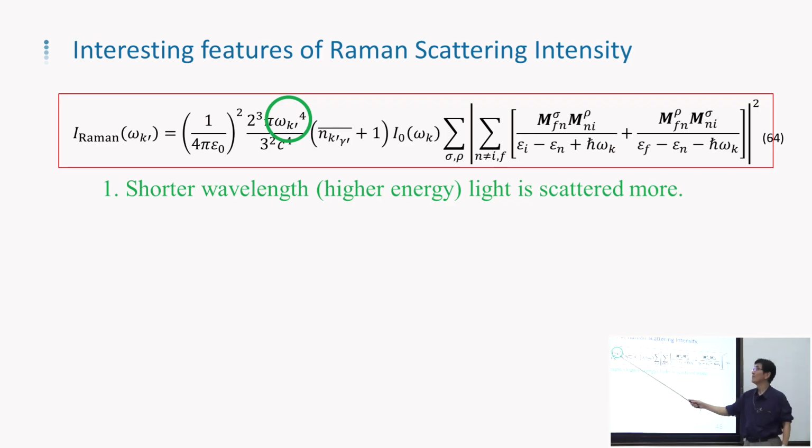Okay? Fourth power dependency is not negligible. So when we excite the Raman process with 1064 nanometer light, Raman intensity is quite small. When we excite with 266 nanometer UV light, then scattered intensity is very large. So if possible, it's easier to detect the Raman scattering signal with shorter wavelength excitation.